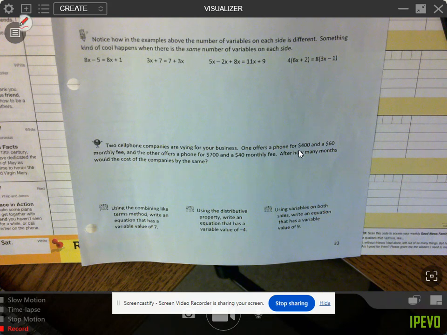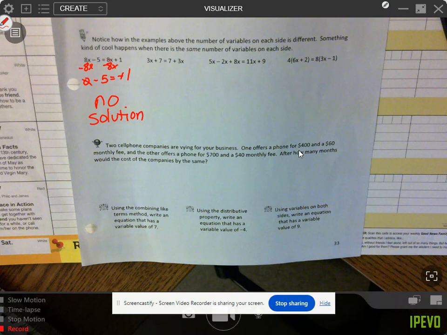Well, I'm going to move that 8x over. If I subtract out 8x, and I subtract out 8x, I get a 0. Minus 5 equals positive 1. Does minus 5 equal plus 1? No! Oh my goodness. So this means there's no solution.